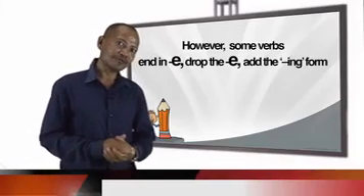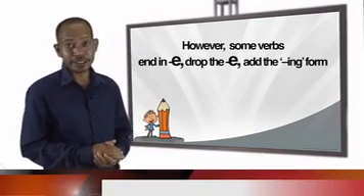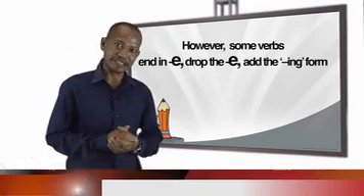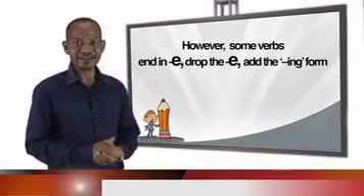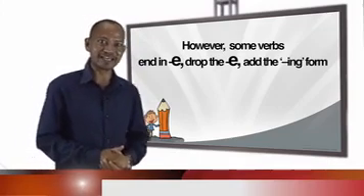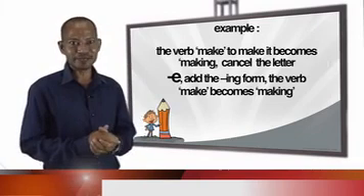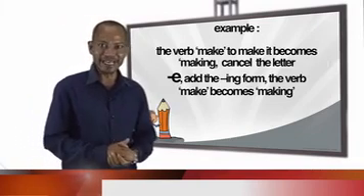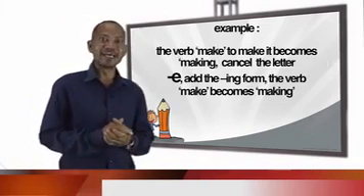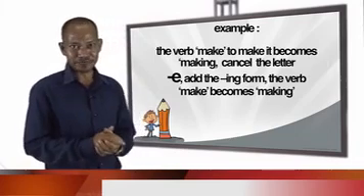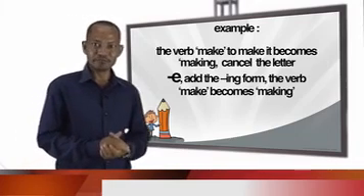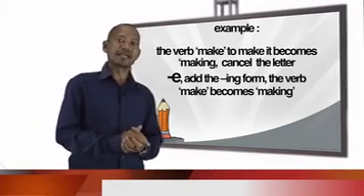However, for some verbs that are ending in E, we just need to drop the E and then add the ing form instead. For example, the verb make. To make it becomes making, we need to omit the letter E and add the ing form instead. So the verb make becomes making.